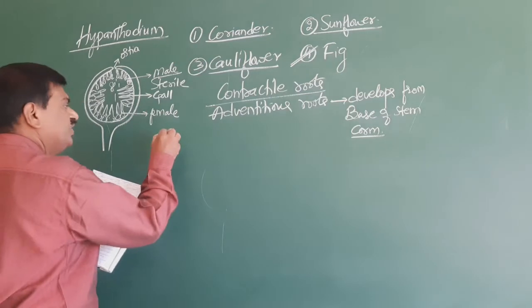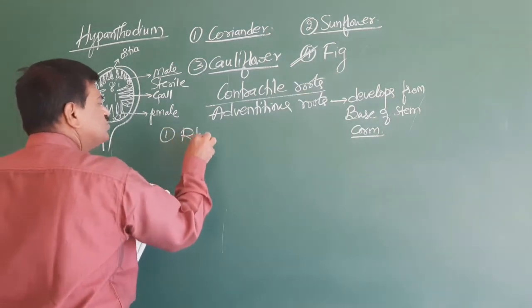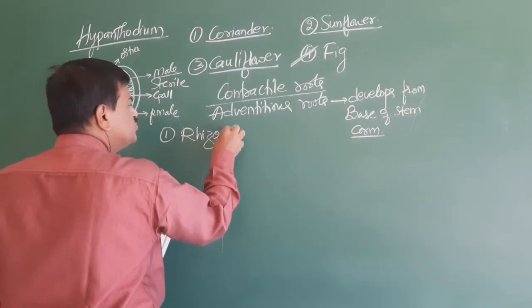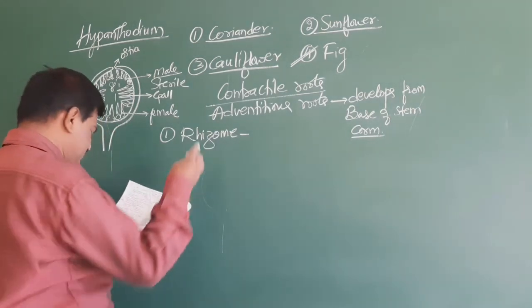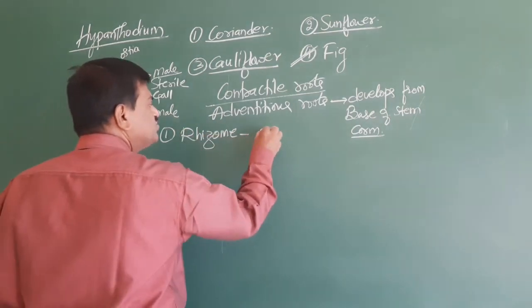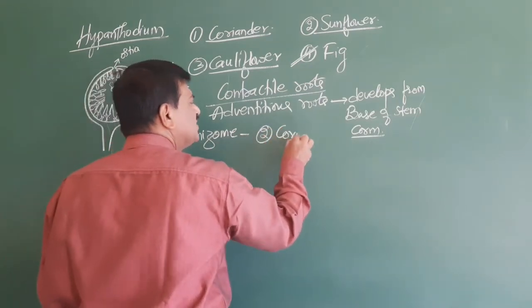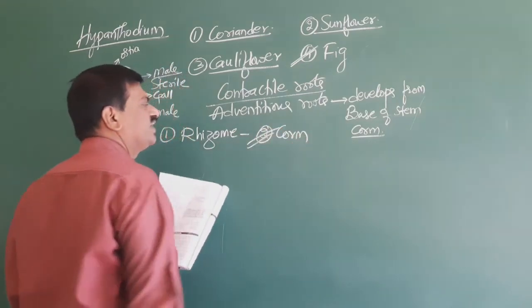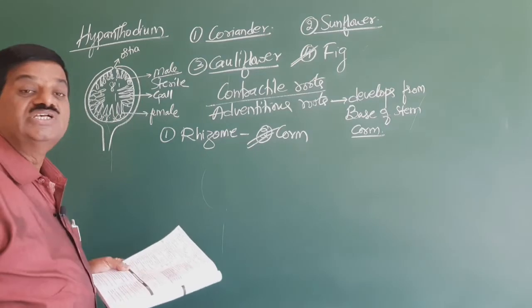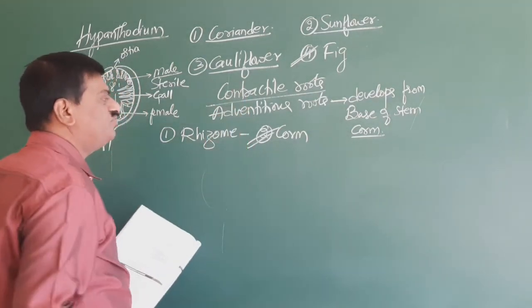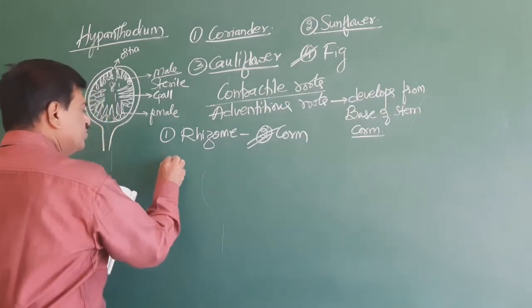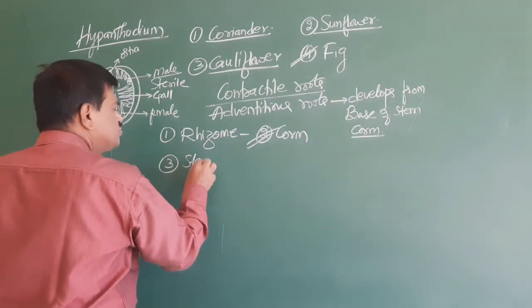We start with the first option, rhizome. This rhizome is an underground stem, ginger is an example. This is not the answer. The second one is corm. This corm is the right answer, Amorphophallus. Corm can be noticed in Amorphophallus. This has the presence of contractile roots. The third one is stem tuber.